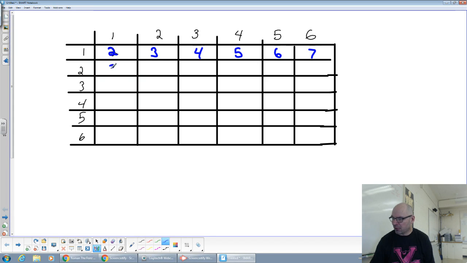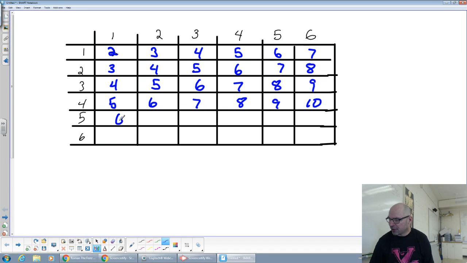Then this would be 2 and 1, 3, 4, 5, 6, 7, 8, and so forth. 3 and 1, 4, 5, 6, 7, 8, 9, and 10. Then we have 6, 7, 8, 9, 10, and 11. And then finally 7, 8, 9, 10, 11, and 12.